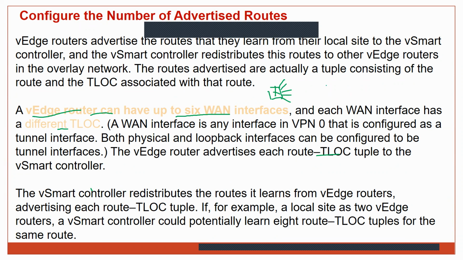So if one device has 6 WAN ports, how can we create 8 TLOCs on those 6 ports? The theory says we can create up to 8 TLOCs in one box. That is the limitation.